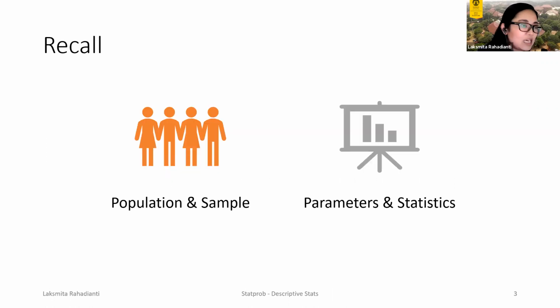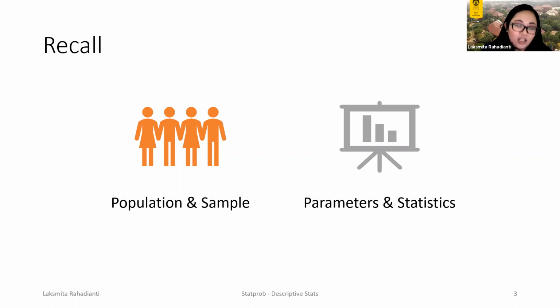Recall these two terminologies that we just covered in my previous presentation. As you recall, when I say population, I mean the entire population that I am studying. So when I say I'm studying the Indonesian people's behavior, I mean literally the entire Indonesian population.